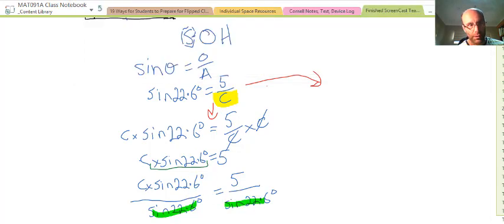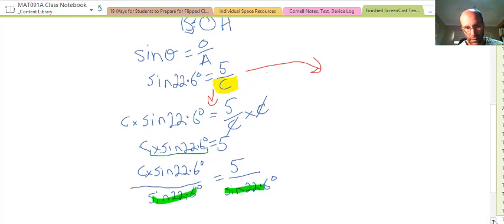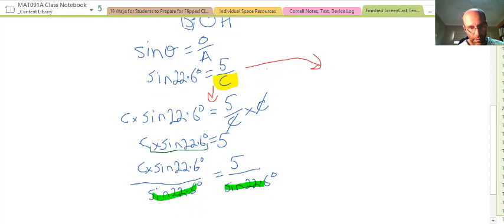Which is good, we've got to keep it equal. So what's next? These two cancel out. So we're just left with C over 1, or just C. And 5 over sine 22.6, calculator. So 5 divided by sine 22.6 is 13.0 to 1 decimal place. So that's our answer.